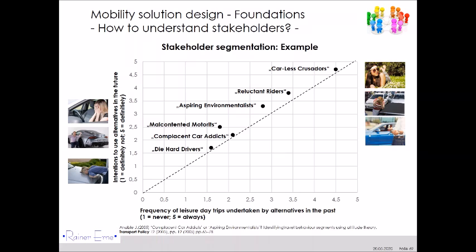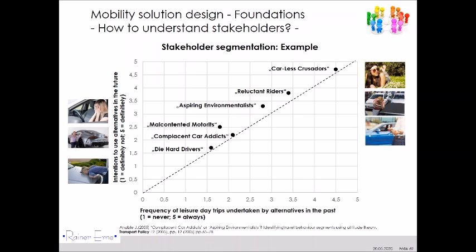Then we have carless crusaders, which for different reasons, always have used alternative modes of transport and will use in the future alternative modes of transport for environmental protection reasons, or other reasons.